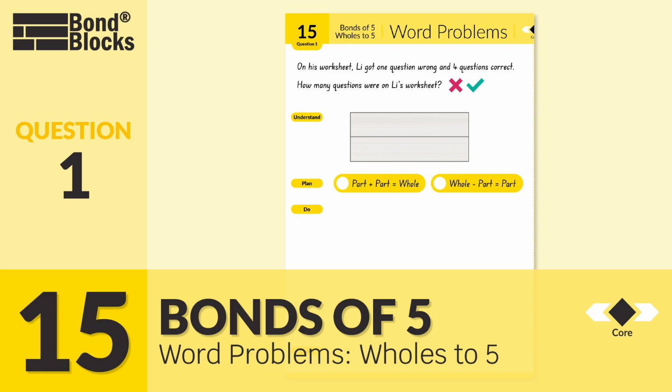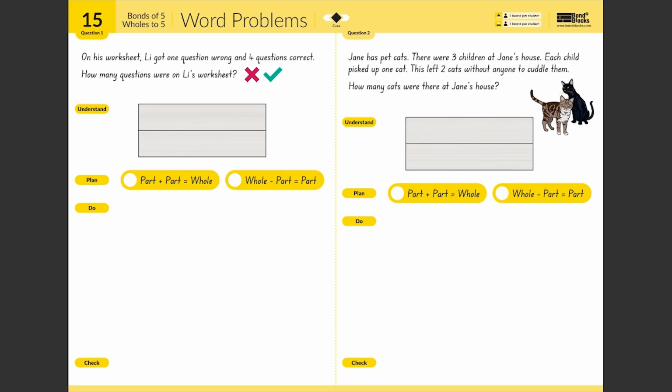Welcome to Activity 15. In this activity, we'll be solving word problems using the 4 steps of understand, plan, do, check. The most important step is step 1, understand. In this step, we will draw a diagram.